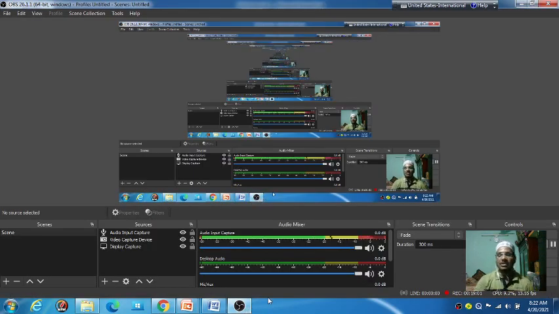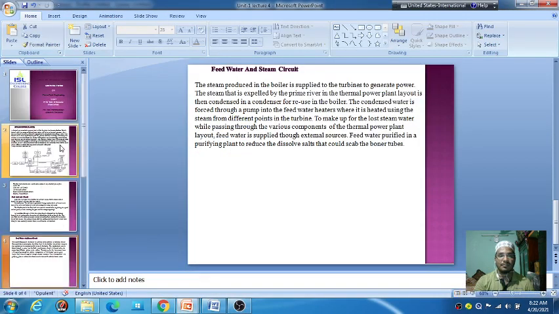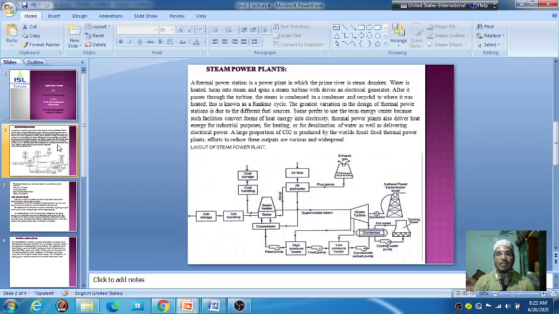And next, the next part of our chapter is the introduction. Unit 1 is steam power plants. In the steam power plant we will discuss how steam is generated with the help of a thermal cycle, like the Rankine cycle.